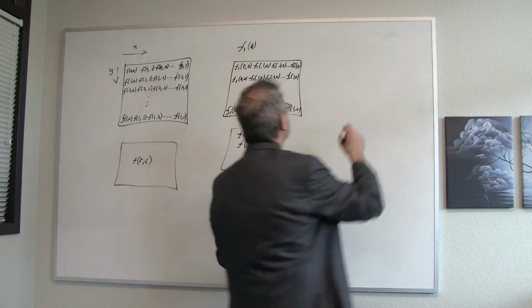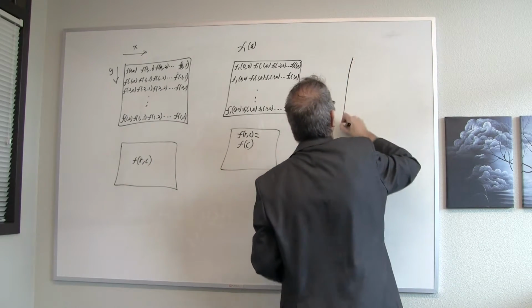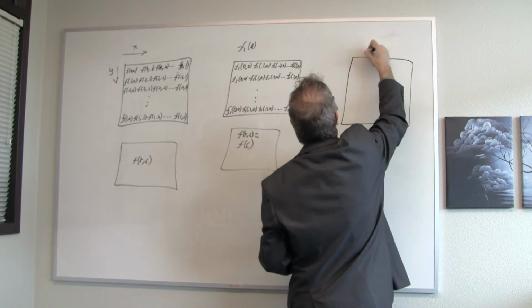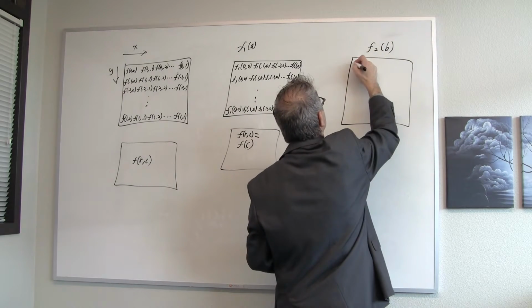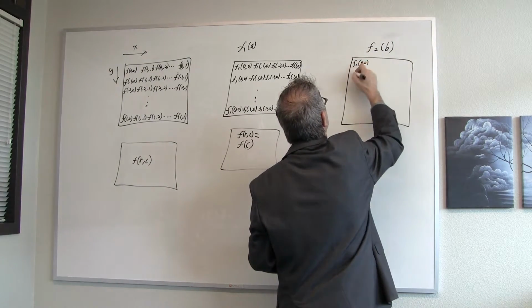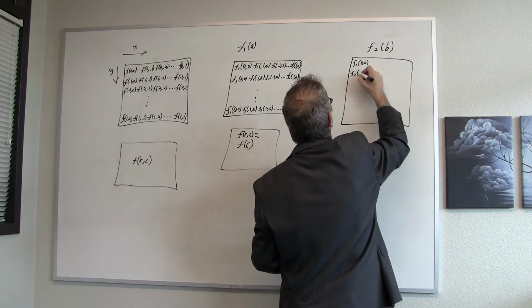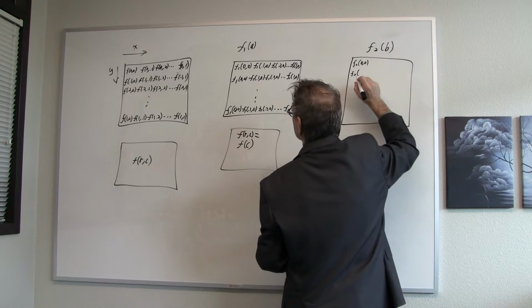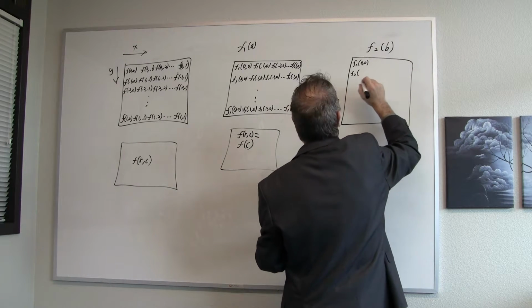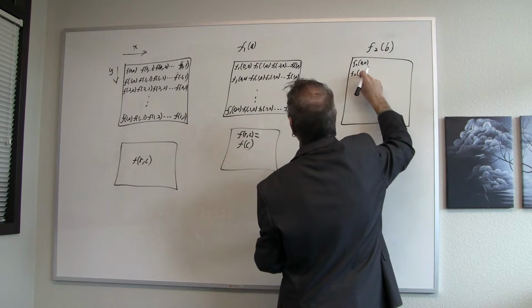Now f2, which was programmed from a different side, gets stored differently. f2 of b gets stored as follows. f2 of 0, 0, and so it's going to be row, comma, column. So this is the next row.